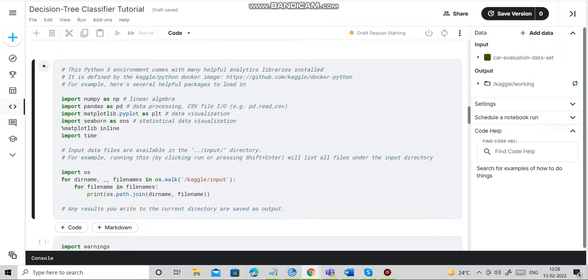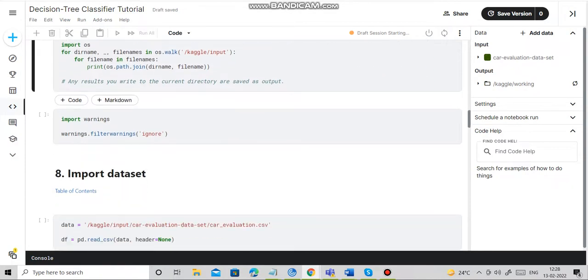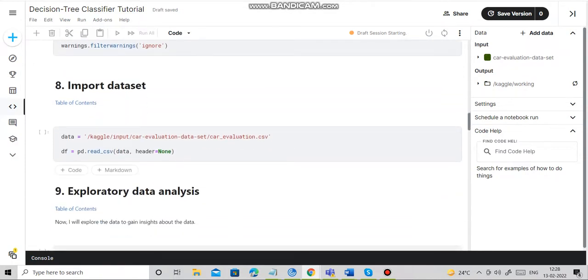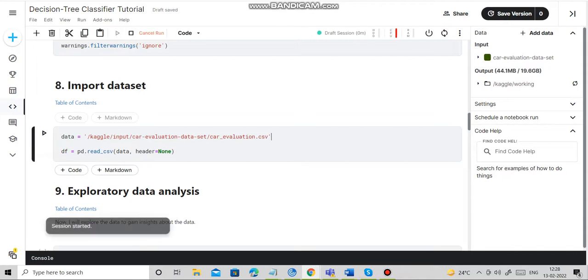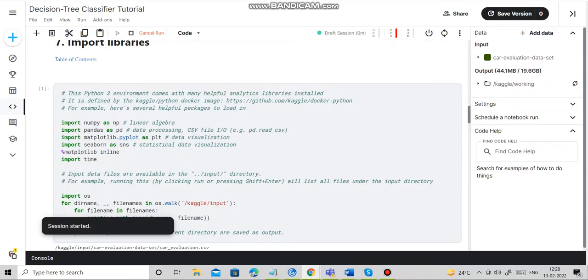So here are the libraries that we would need. They're all imported.